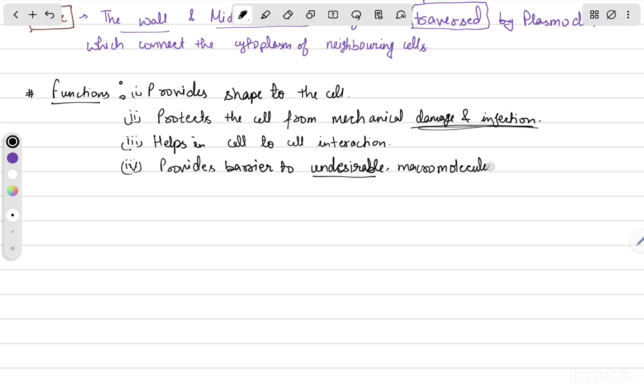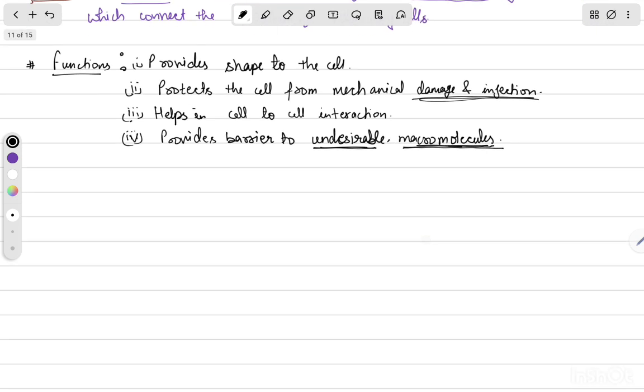If the size of molecules is larger, then it is considered as macromolecule, and if the size is smaller, then it is considered as micromolecule. So it provides barrier to undesirable macromolecules. Why is it not a barrier to micromolecules? Because for micromolecules, cell wall is permeable, means it allows the entry and exit of micromolecules, but it is a barrier for undesirable macromolecules. This point is very important, right?